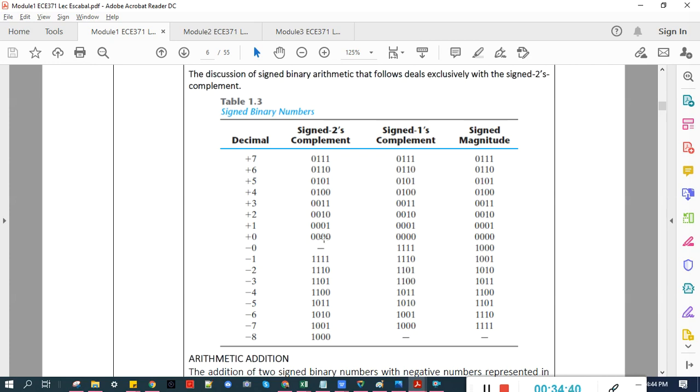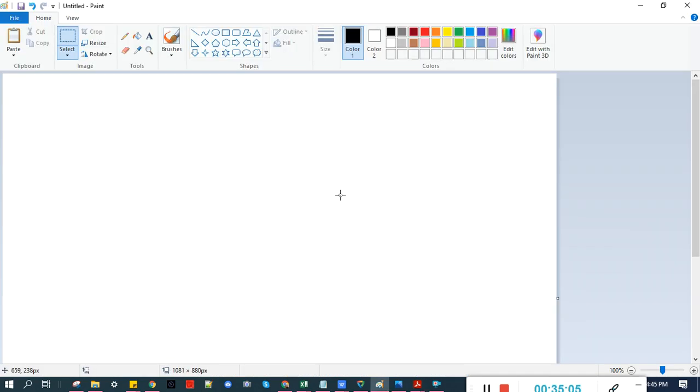For the signed 2's complement, for example negative 4, we need to get the 2's complement of positive 4. To get that, we invert each bit. Positive 4 base 10 equals 0 1 0 0 base 2.